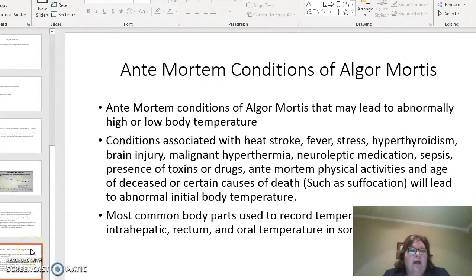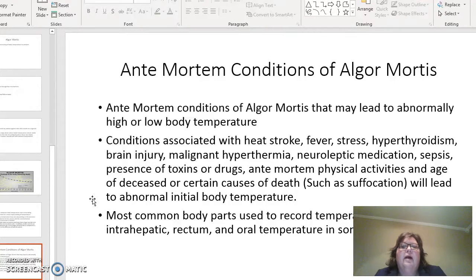Algor mortis and livor mortis are two physical changes that occur when a body becomes lifeless. These are, I think, two interesting physical changes in the condition of the body.